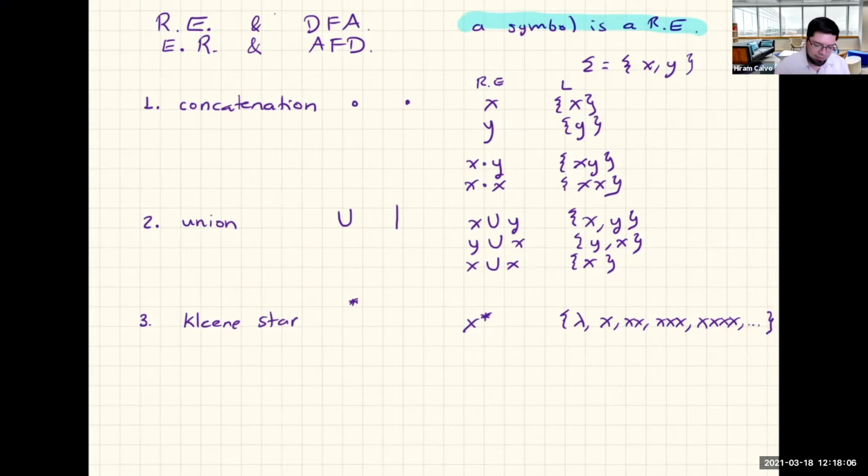And this is important, because if we follow this chain, a symbol is a regular expression, any concatenation of two regular expressions is a regular expression itself. Any union of two regular expressions is a regular expression as well. And the Kleene star of any regular expression is a regular expression as well. So by this means of combining regular expressions, we assure that we will always have a regular expression.